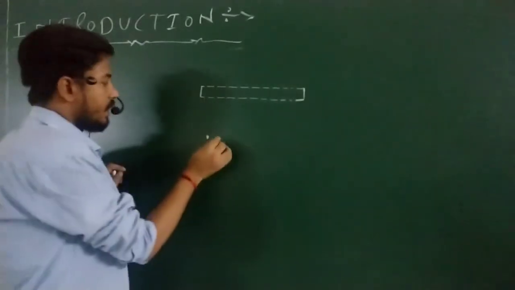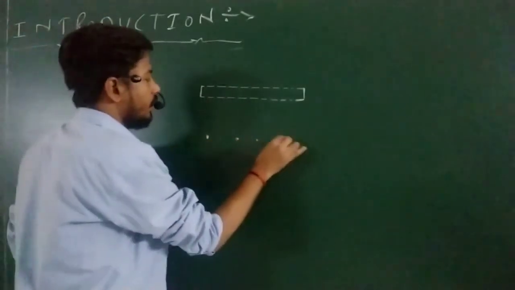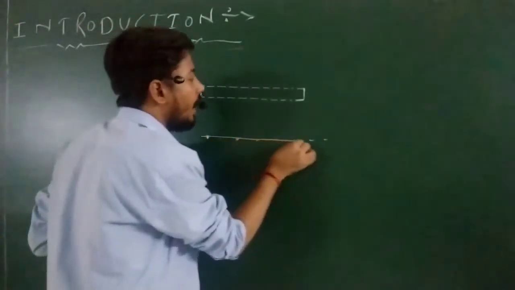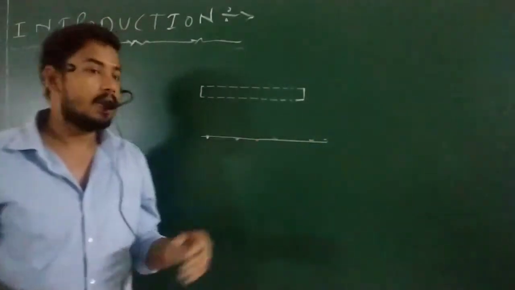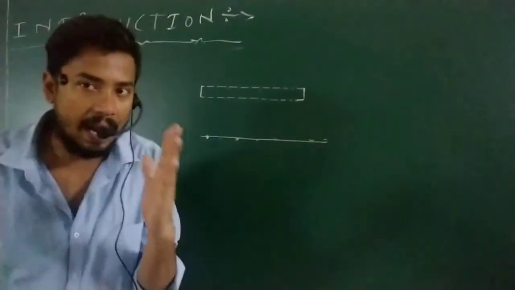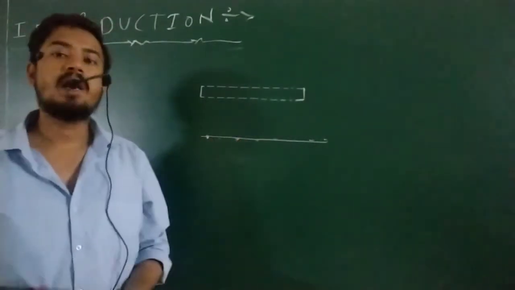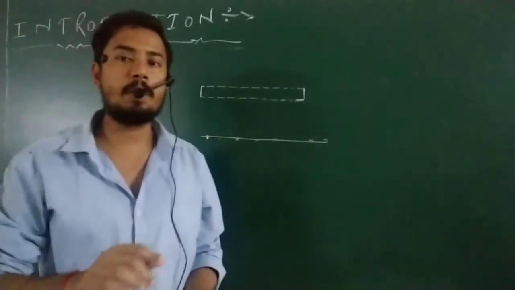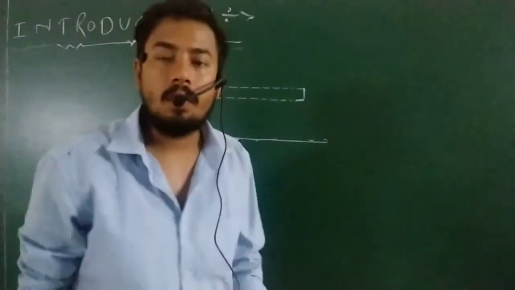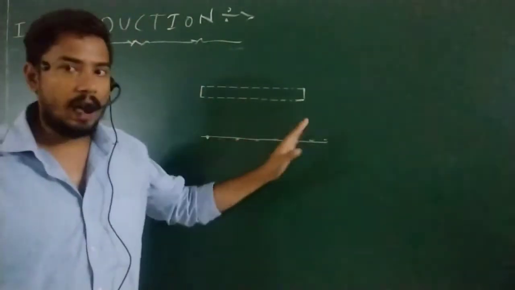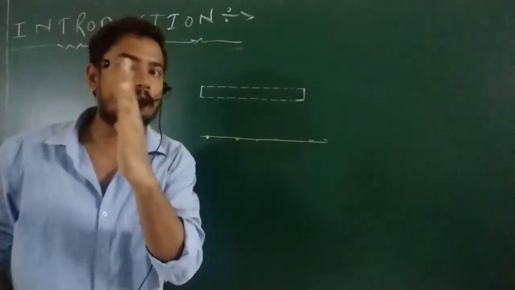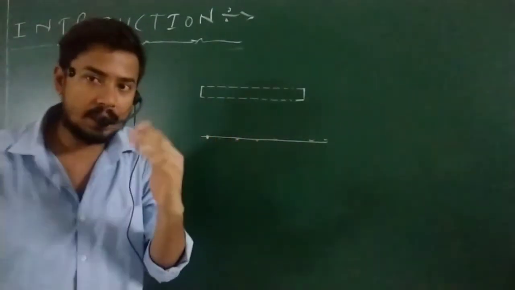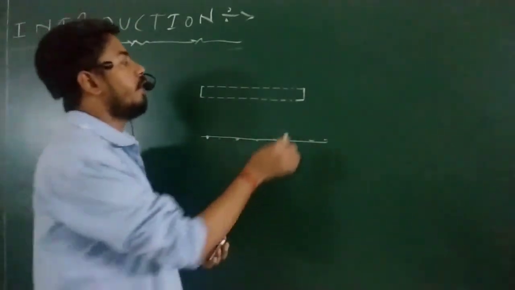Now see, this is one small object. This is another small object. This is another. If you have to add all these small objects, then we should use the mathematical function of integration. Getting my points? Again I am telling you. Suppose this is one rod and you have to divide it into many very small parts, then you should use the mathematical function called differentiation.